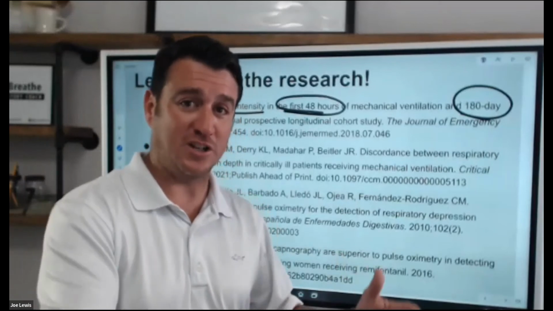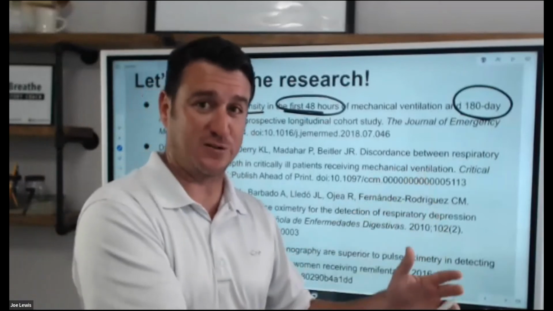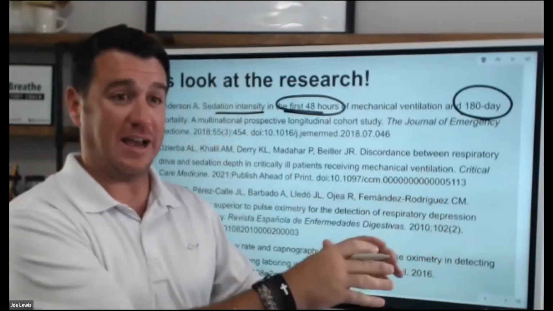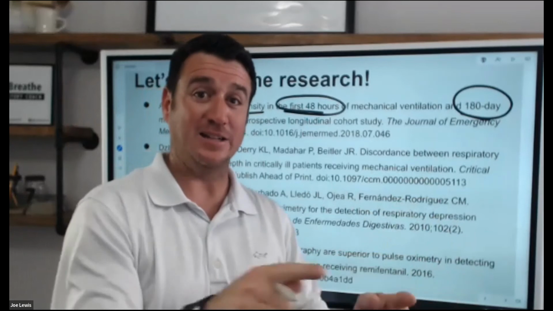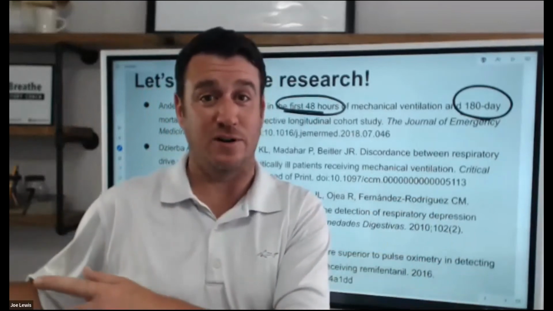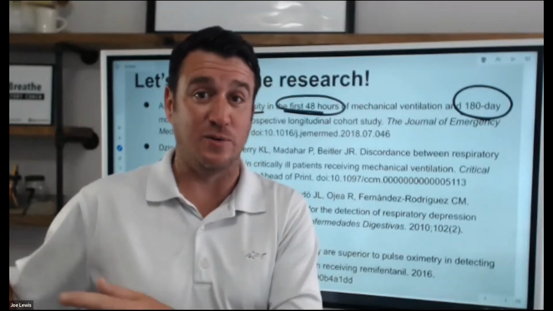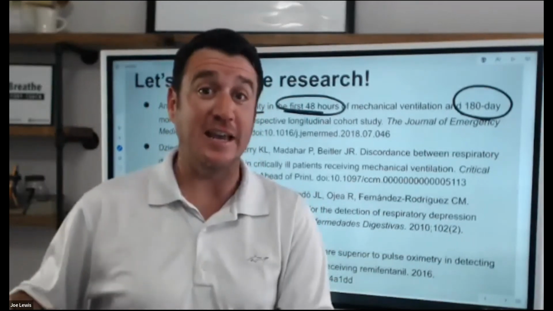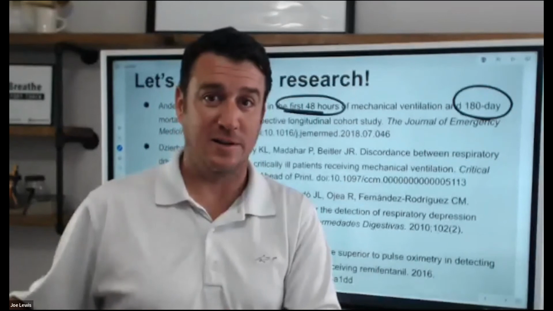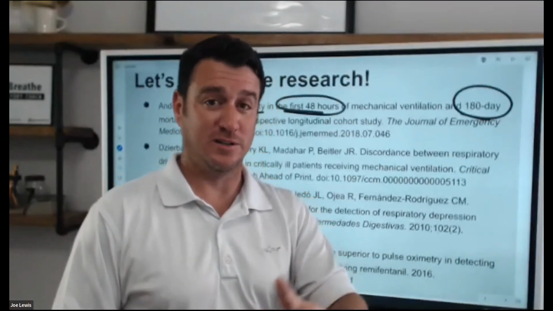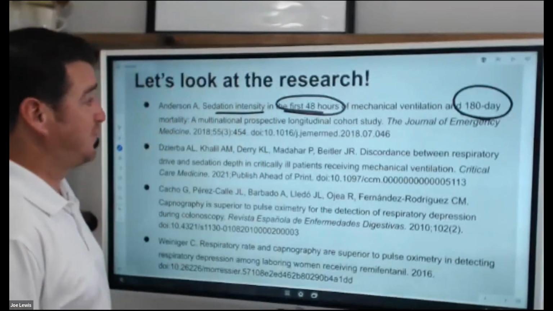The more sedation a patient receives within the first 48 hours of admission to an ICU led to worsening patient outcomes at the 180-day mark. Increased mortality, increased length of stay, increased ICU days, increased ventilator days. All independently related to sedation amount in the first 48 hours.